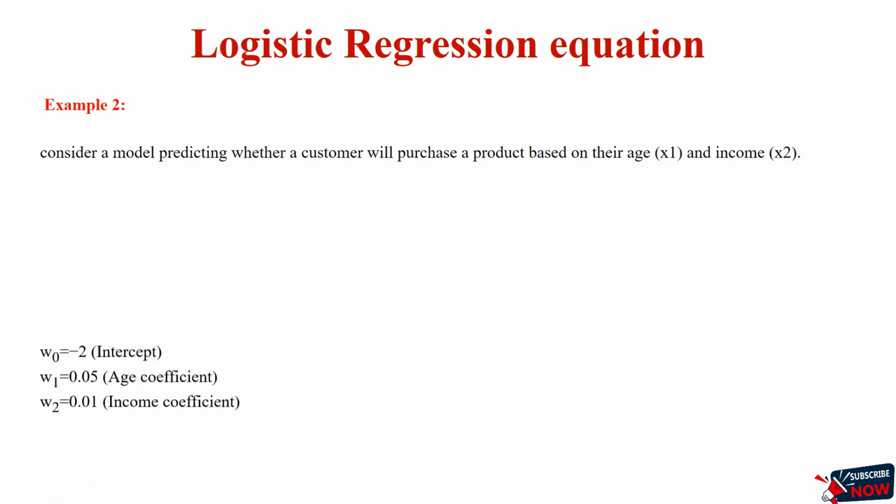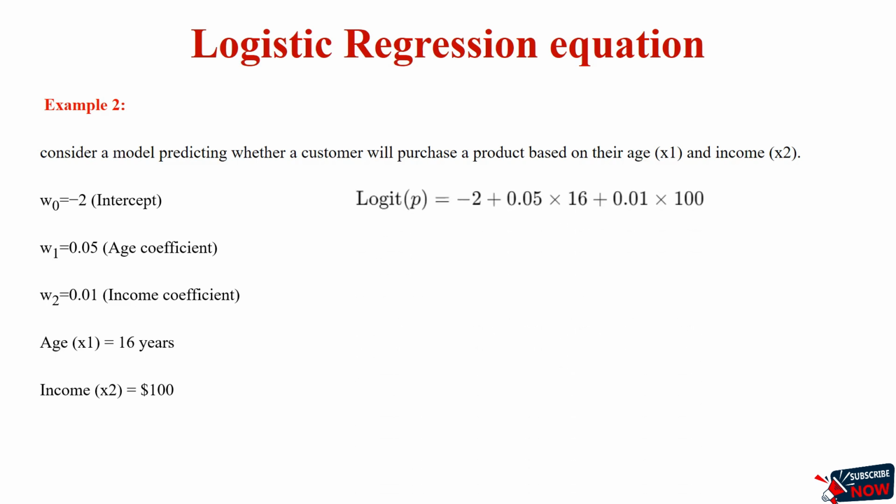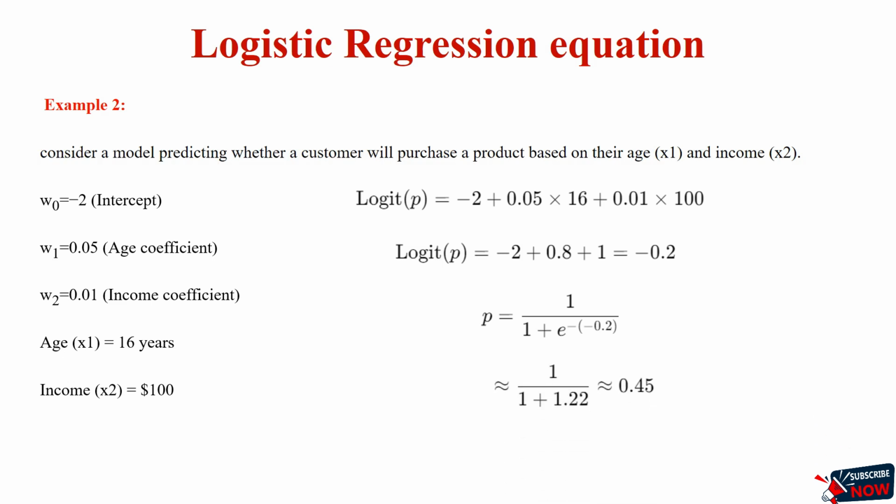Let us see one more example. Considering the intercept, age, and income coefficients, let us assume the age is 16 years and the income is $100. Substituting these values in the logit of P, we get the value as minus 0.2. Once that is substituted in the sigmoid function, 1 divided by 1 plus e to the power of minus (W0 plus W1x1 plus W2x2), the value would be 0.45.